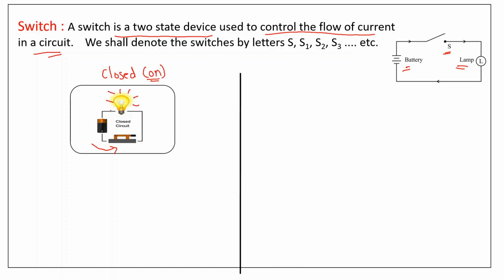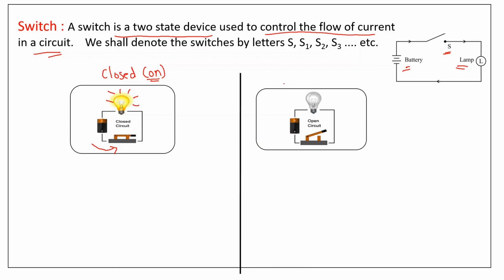When the switch is off, or we can say open, then current does not flow through the circuit and the lamp will not glow.